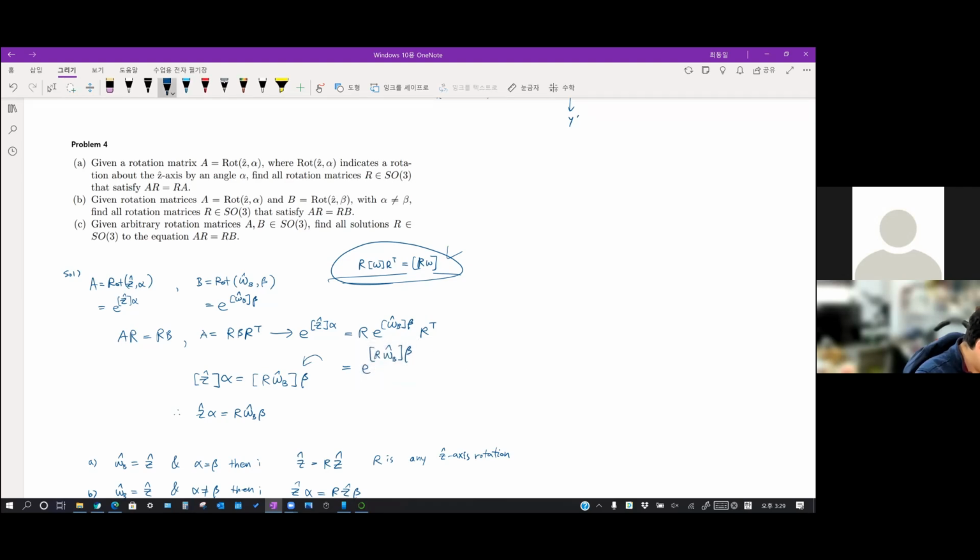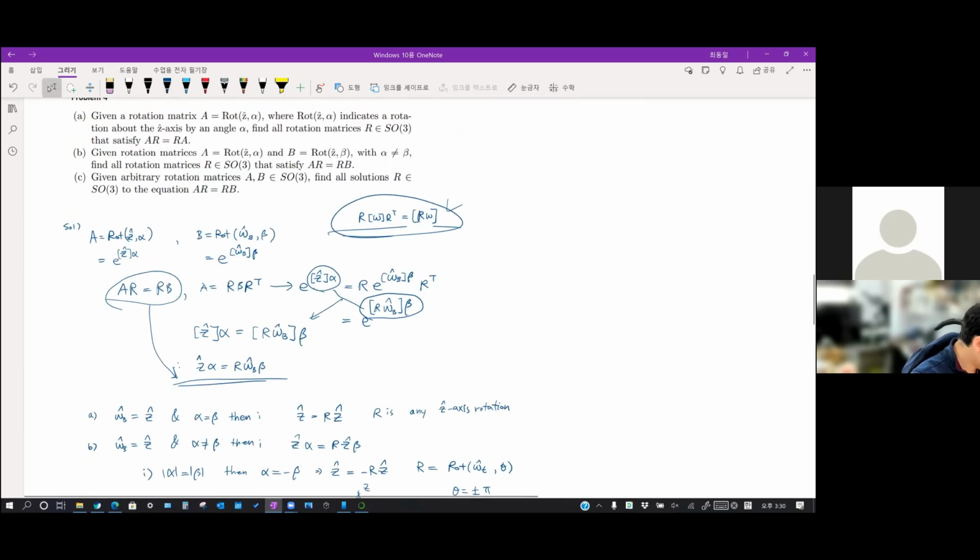So by comparing these two things, we can get this equation. And from here, this alpha value can go inside like this, alpha and beta. Because this alpha and beta are scalar values, we can write down this equation. So this relationship can be written like this.